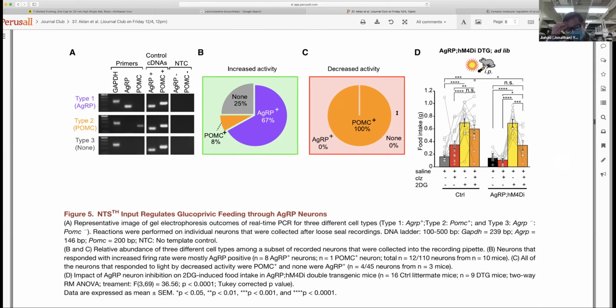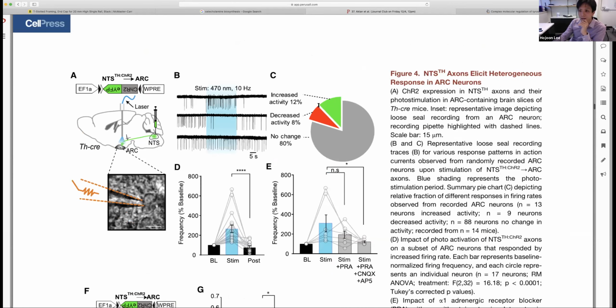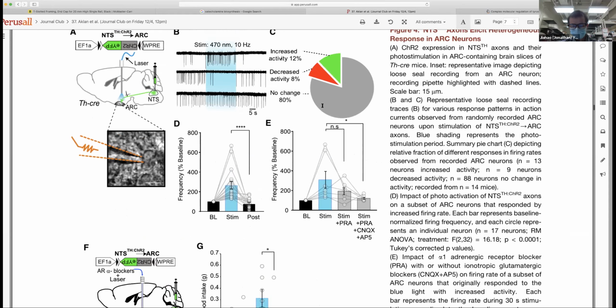I think one of the weaknesses of this figure is the very small portion of cells that show increased activity and also decreased activity. They also detail that in the legend for the next figure.